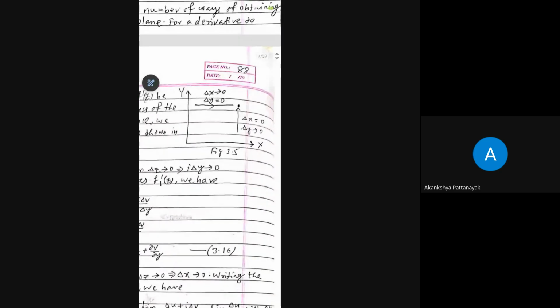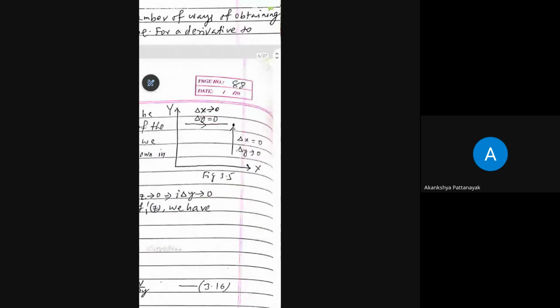Let us explain it like this. See in figure 3.5, you have an x-axis and a y-axis, and there is a point. When you approach from the x-axis, delta y is equal to 0 and delta x tends to 0. When you approach from the y-axis, delta x is equal to 0 and delta y tends to 0. There are an infinite number of ways of obtaining the limit delta z tends to 0 in the z plane.